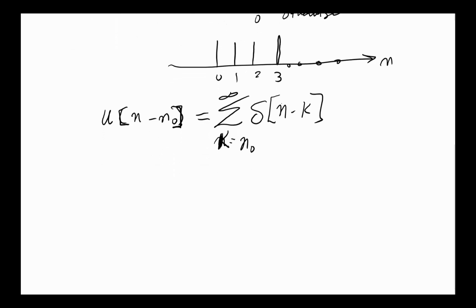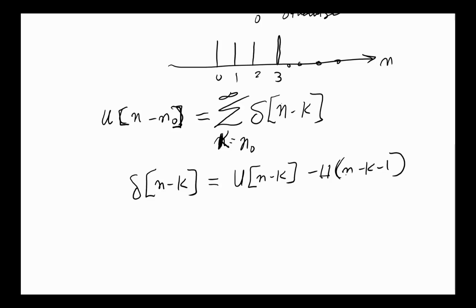On the other hand, if someone wants us to represent delta n minus k as a function of unit step functions, we can do that as well. We could say this is equal to the unit step function of n minus k minus u of n minus k minus 1. Actually, I got that backwards. The minus 1 should be in the first one, and this one doesn't have it.